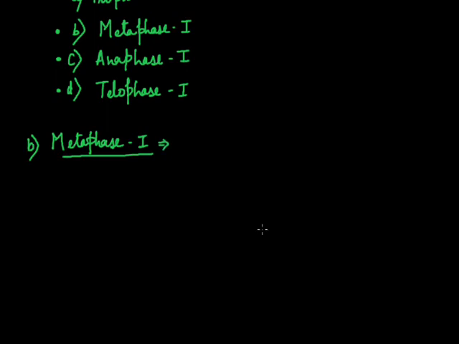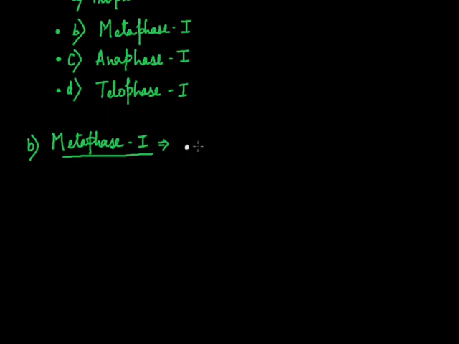As we studied in mitosis, during metaphase the chromosomes get arranged at the center of the cell, which is also known as the equator of the cell. Here also the homologous chromosomes of a pair get arranged at the equator of the cell, and since two chromosomes are present in a homologous pair, it leads to the formation of a double metaphase plate or a double wall.